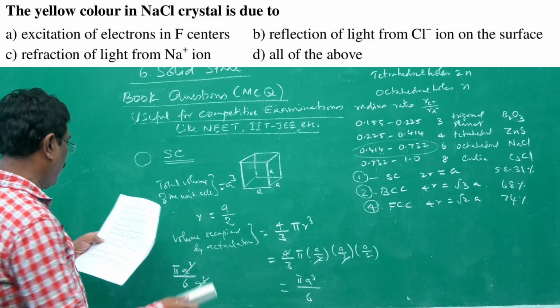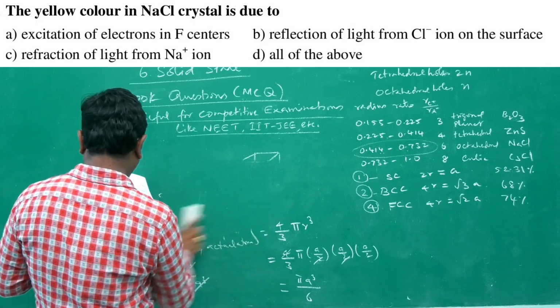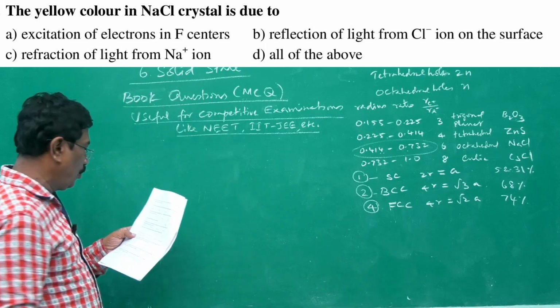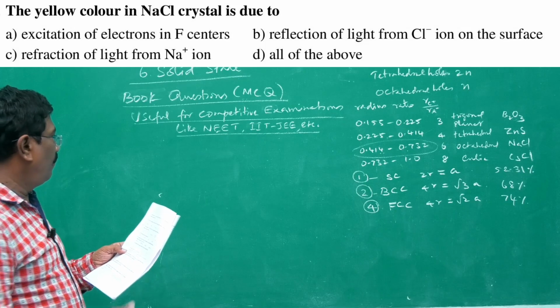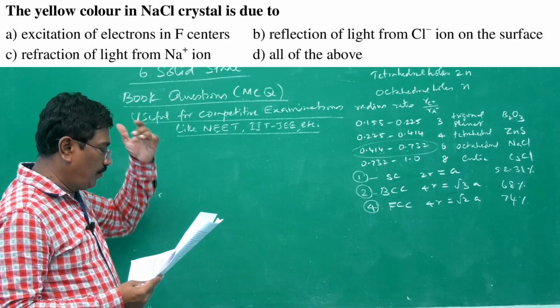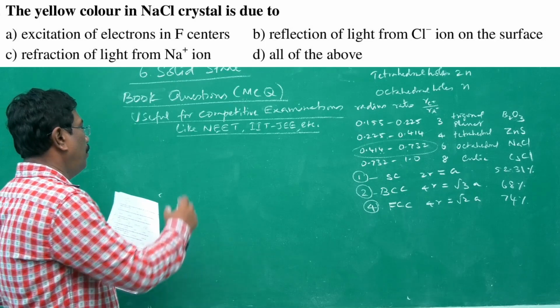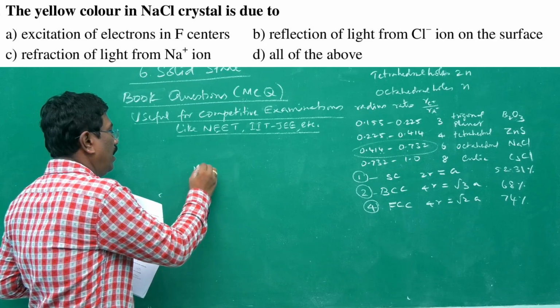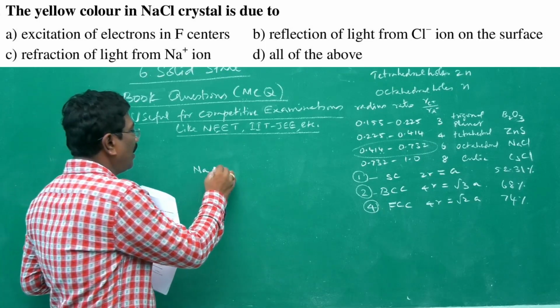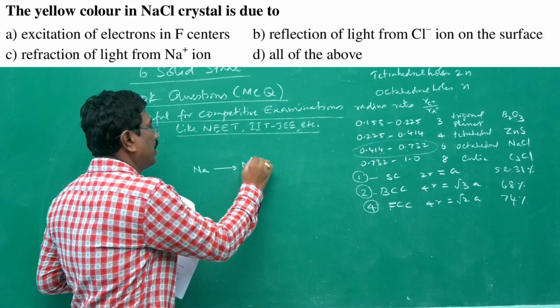The yellow color in sodium chloride is due to what? So how do we get yellow color in sodium chloride? When sodium chloride is heated in the atmosphere of sodium, what is happening? The sodium vapor will lose an electron to become Na plus ion.